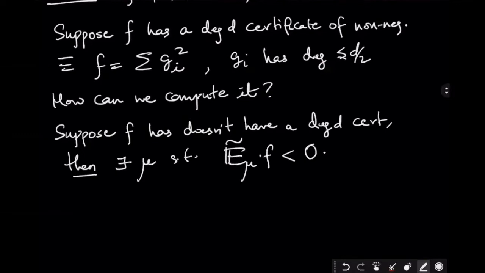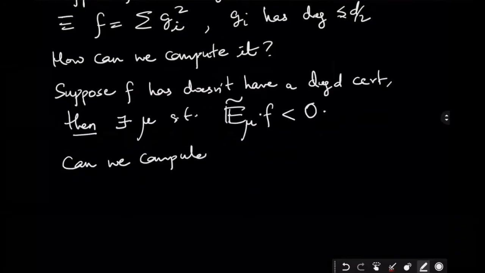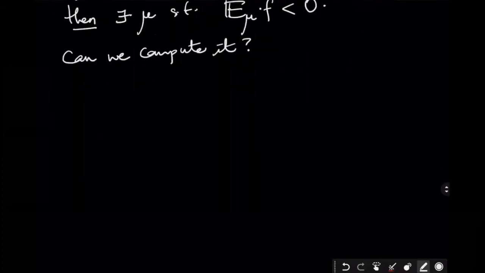And so, same question: can we find such a pseudo distribution? We're going to look at algorithms for computing both these objects, and that will be the first part of the lecture, and then we'll apply it to solving MaxCut today.